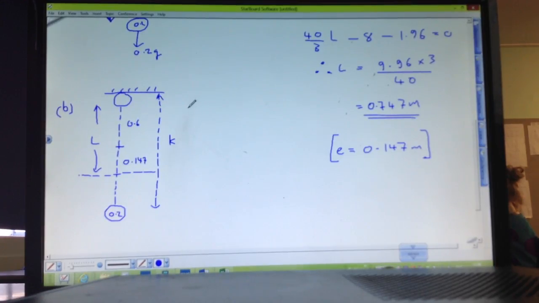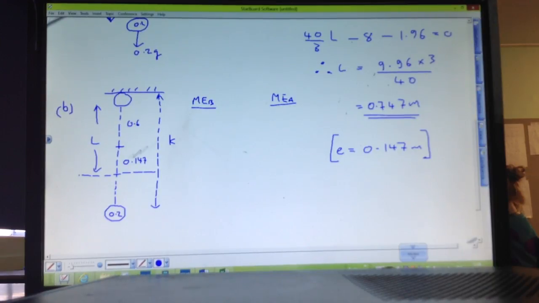Energy considerations. How I set this out is I do mechanical energy before and mechanical energy after. It was released from rest, and it's first instantaneously at rest, so kinetic energy is zero, and kinetic energy afterwards.